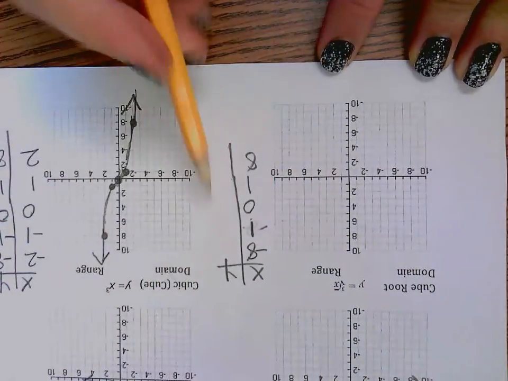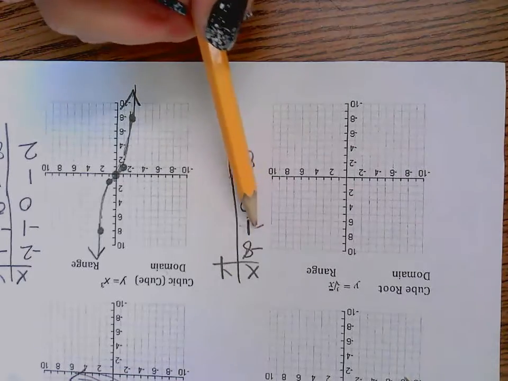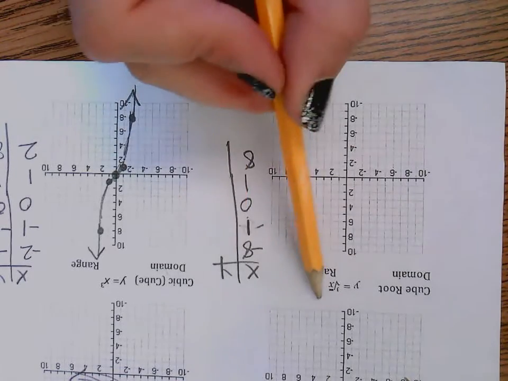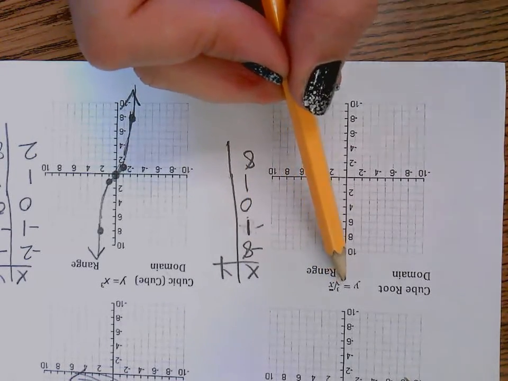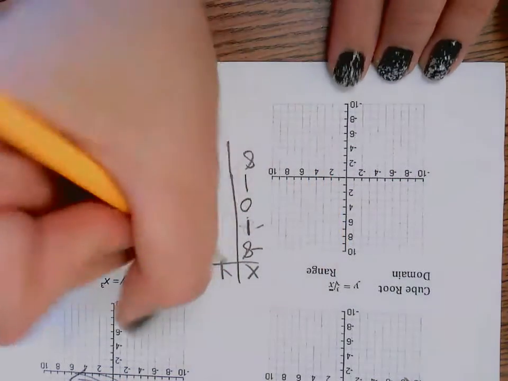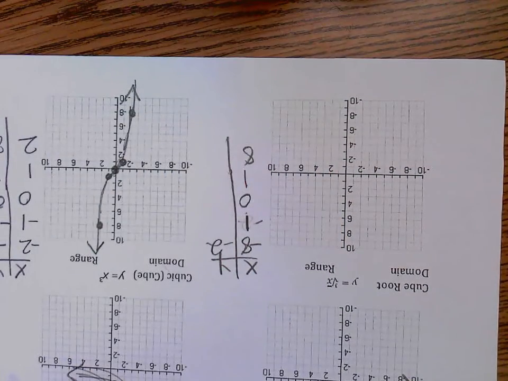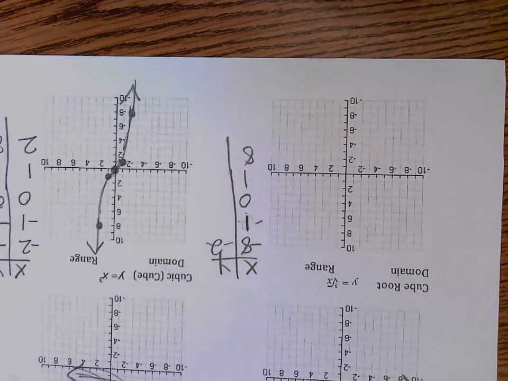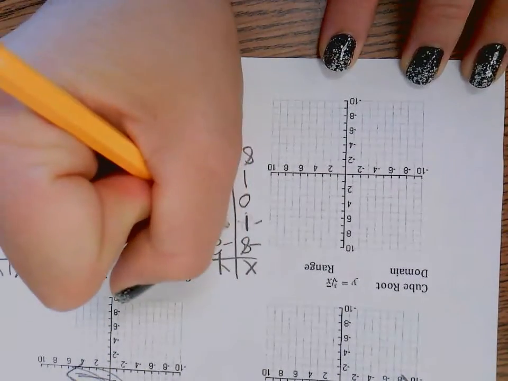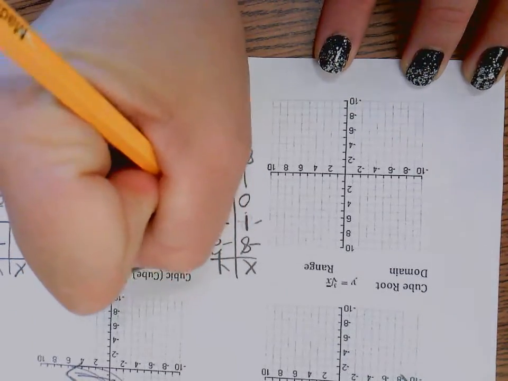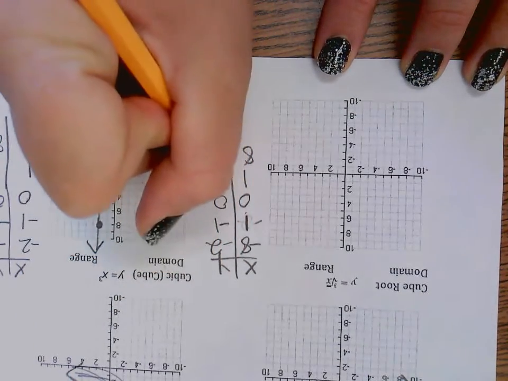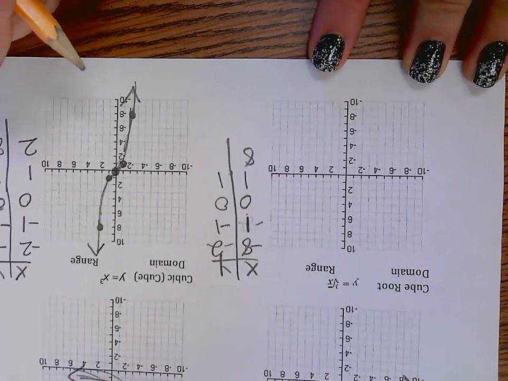So I'm picking those because I'm picking my perfect cubes, right? When I plug -8 in, the cube root of -8 is -2. Just like I took square roots of 9 and 4, I'm picking my perfect cubes. So the cube root of -1 is -1, 0 is 0, 1 is 1, and 8 is 2.